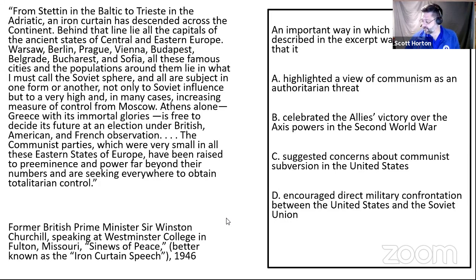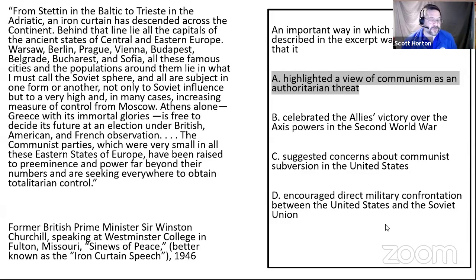And the last question. Okay, so the best answer here is A, that Churchill is, of course, highlighting communism as an authoritarian threat.